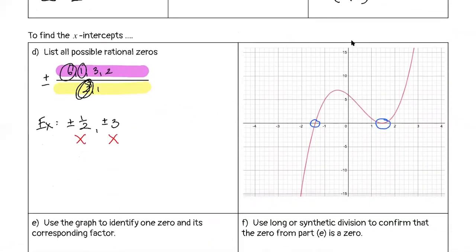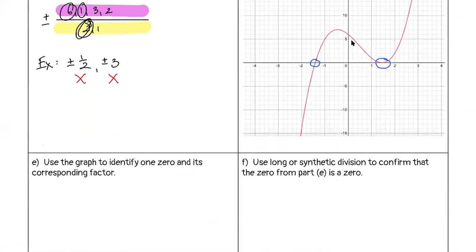Okay, so we're going to go back and we're going to use x equals 3/2 as the zero that we want to try for synthetic division, okay? If x equals 3/2, what is the factor that goes with it?